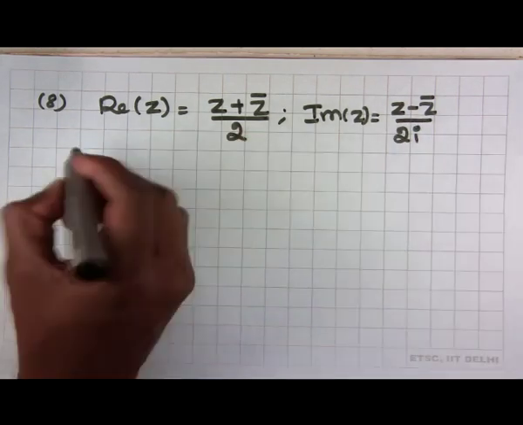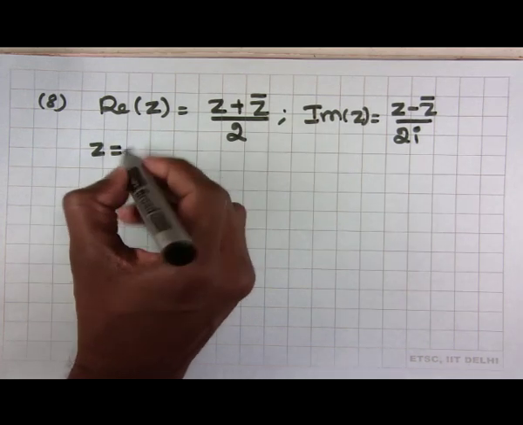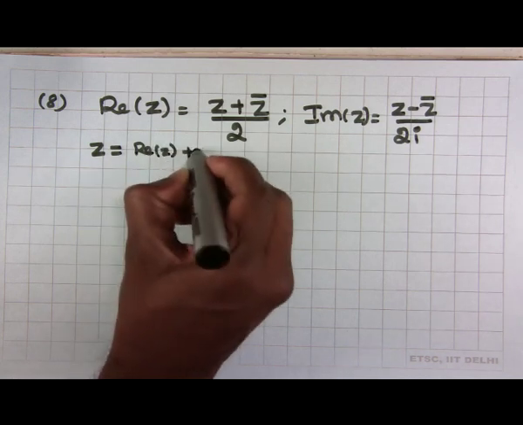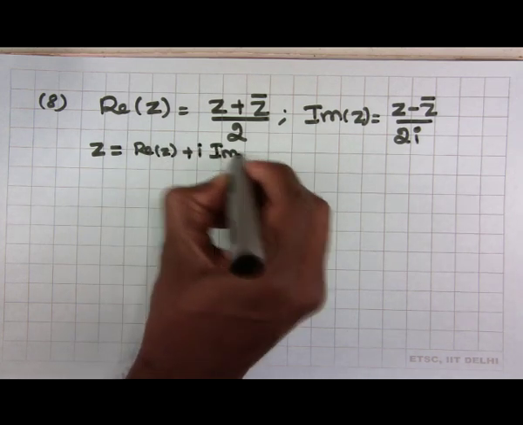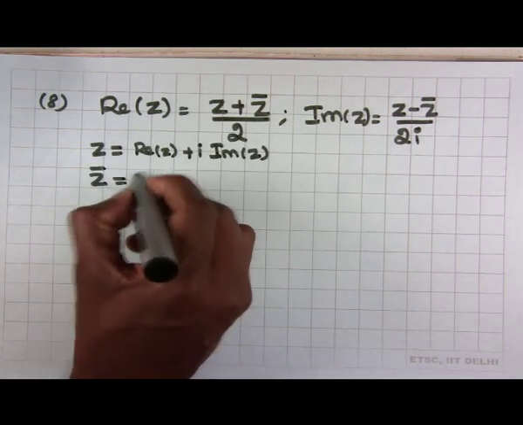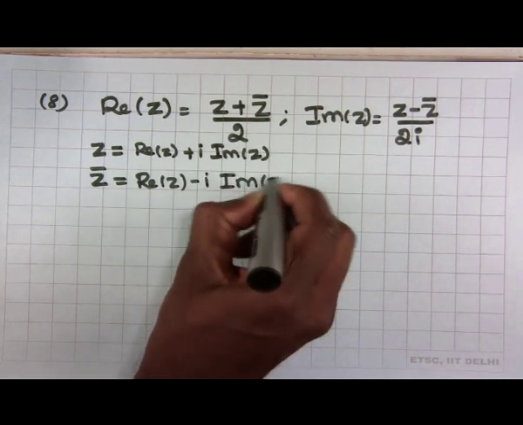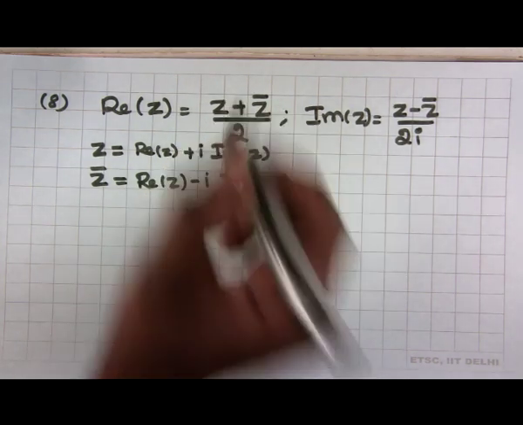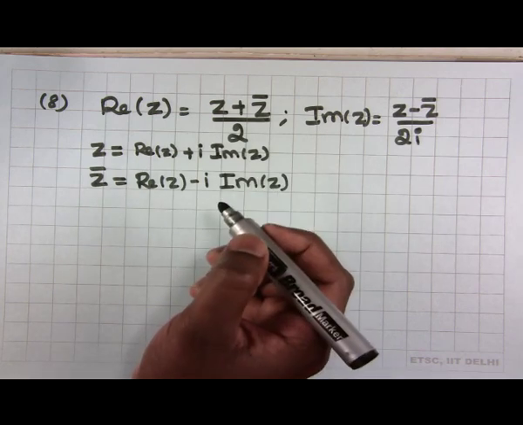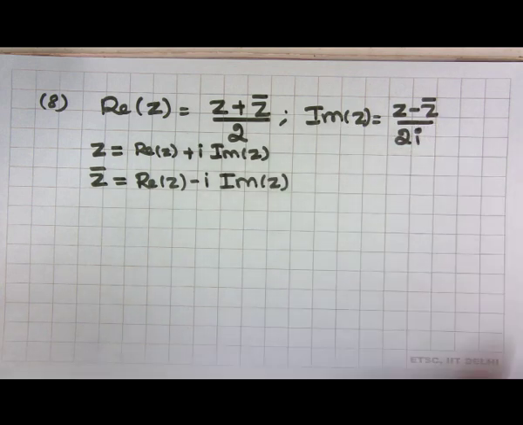It is merely the definition that if we consider z, this is nothing but the real part of z plus i times the imaginary part of z, and its conjugate is the real part of z minus i times the imaginary part of z. Now, it is clear that the real part of z is z plus z bar by 2, and similarly the imaginary part of z is z minus z bar by 2i.